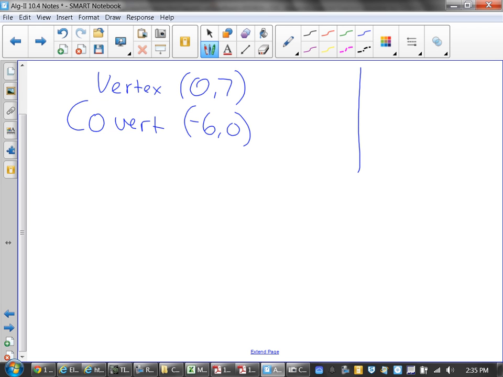So if my vertex is at 0, 7 and my co-vertex is at negative 6, 0, which one of those two distances is further? 7. Because we're centered at the origin, that means this distance is equal to what? A, very good.